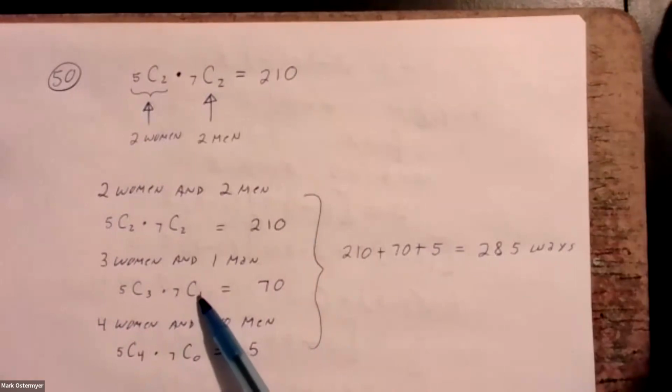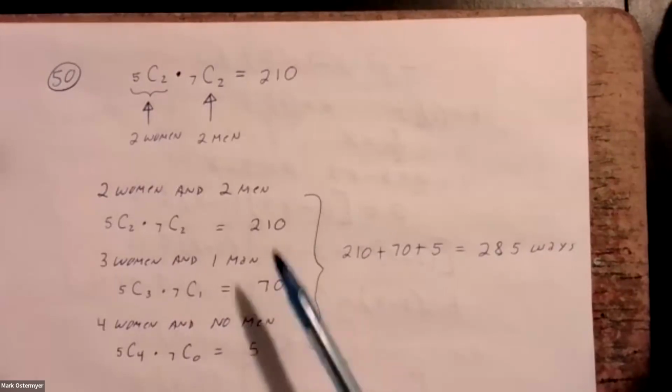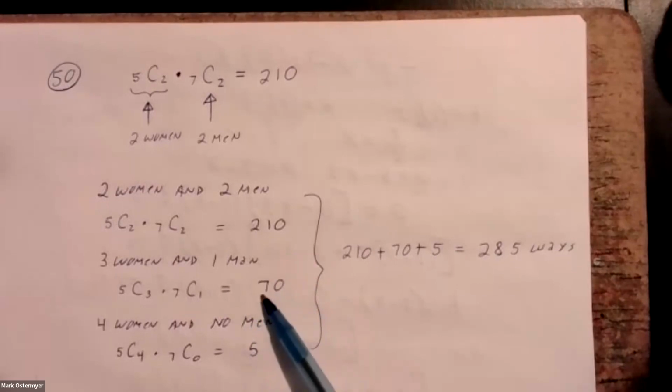Times 7 in combination with 1 is the number of ways of choosing 1 man from 7 men. It'd be 70. Okay, 70 different ways of choosing 3 women and 1 man.